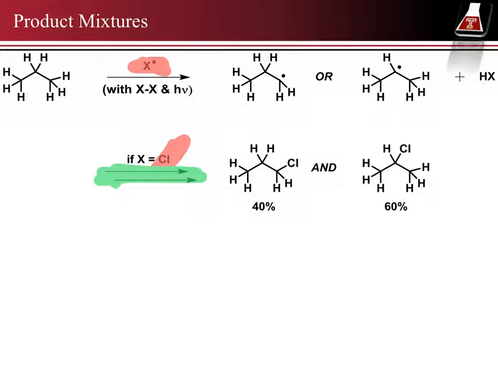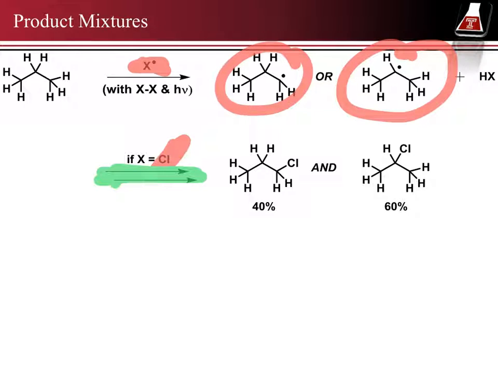lots of things are going on here, right? So one thing that's going on, there's the propagation step that's been shown up top, all right? And then to form this, these radicals have to react with either another equivalent of Cl2, okay, in another propagation step to give this product, or there can also be a termination step in which the radical reacts with a chlorine radical again to form the final product.